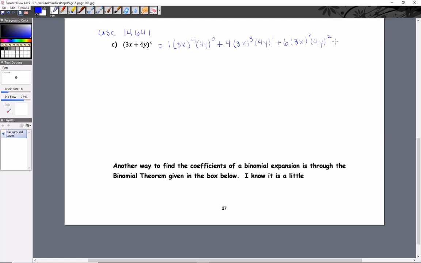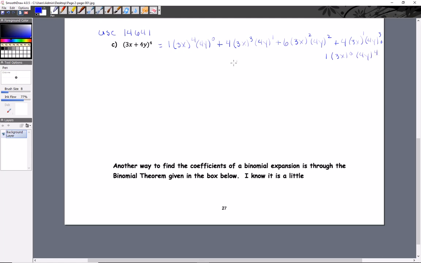And darn it, I don't think it'll fit. I should have gone down a row, but whatever. All right, so then plus 4 is the next Pascal's coefficient, and 3x to the 1st power, put a 1 there, and then 4y to the 3rd power plus, and here's the last term, that'll be a 1 times 3x to the 0 power, so it goes away, and then 4y to the 4th power.